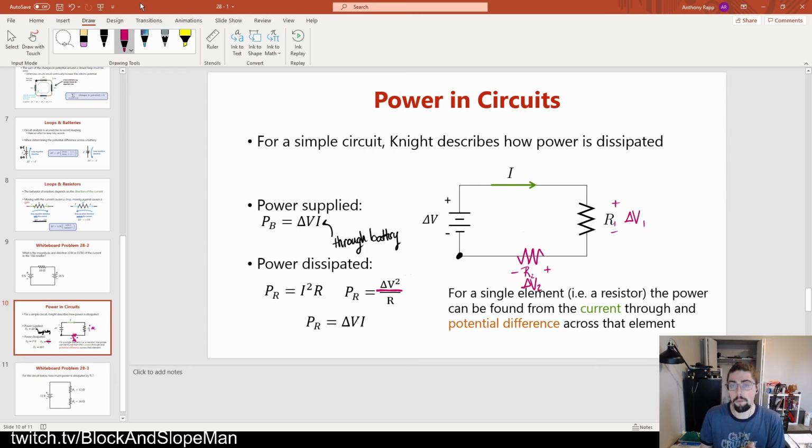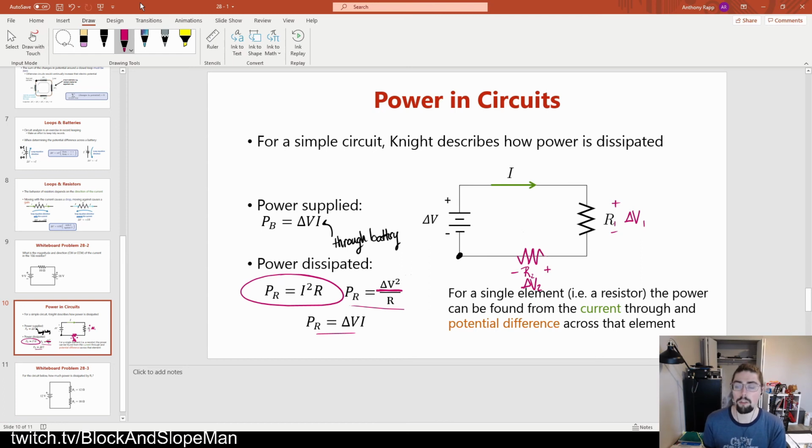But that's a really important point that I think a lot of people get mixed up on. You can't just plug in the delta V from the battery. You have to consider the delta V from the resistor. So I would probably recommend not using this one and not using this one. I think this one is probably the star of the show, because this avoids that issue. If you look at the current going through the resistor times the resistance, that is the easiest way to consider this.